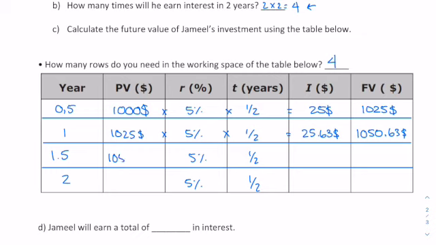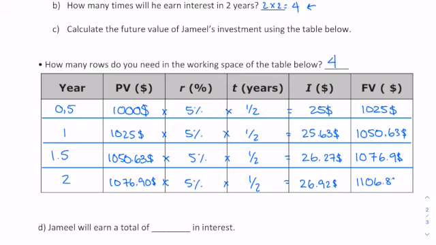And then you just repeat it. And then you finally end up after the 2 years with 1,106.80.